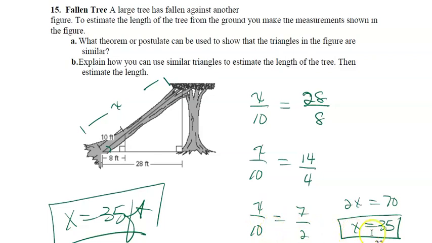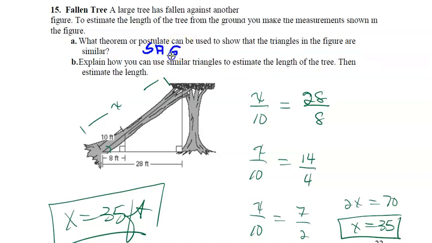So that means that x equals 35. So we can say by side, angle, side, similarity. I should have said side, angle, side. So I can write that here. Side, angle, side. I can prove that these two shapes are indeed similar.